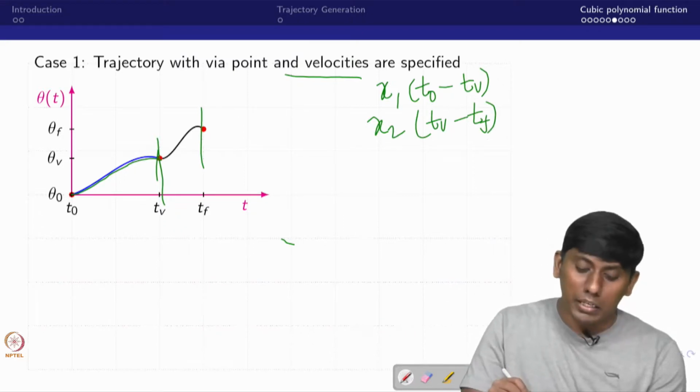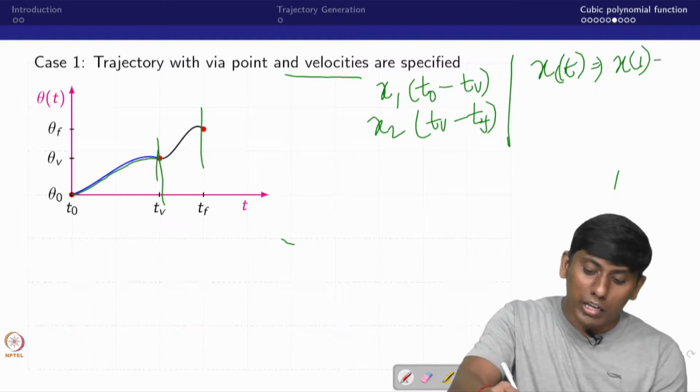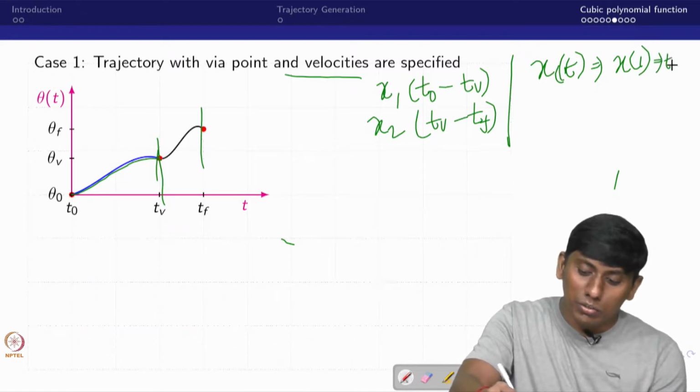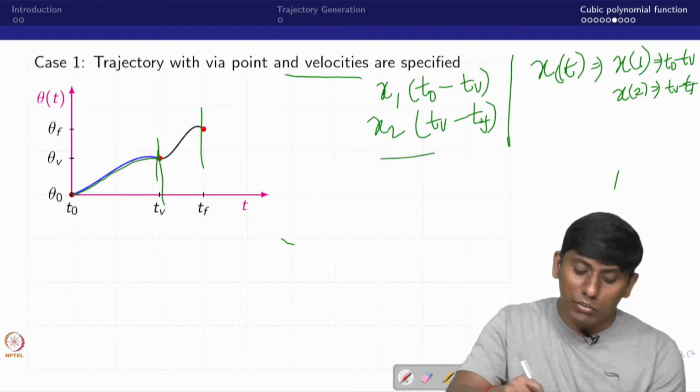So x of t would contain x1 for the first duration, T0 to TV, and x2 for TV to TF.